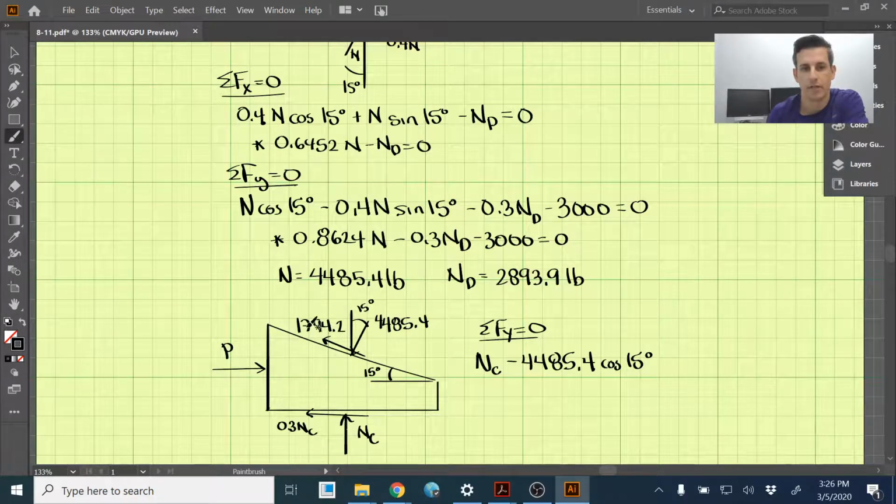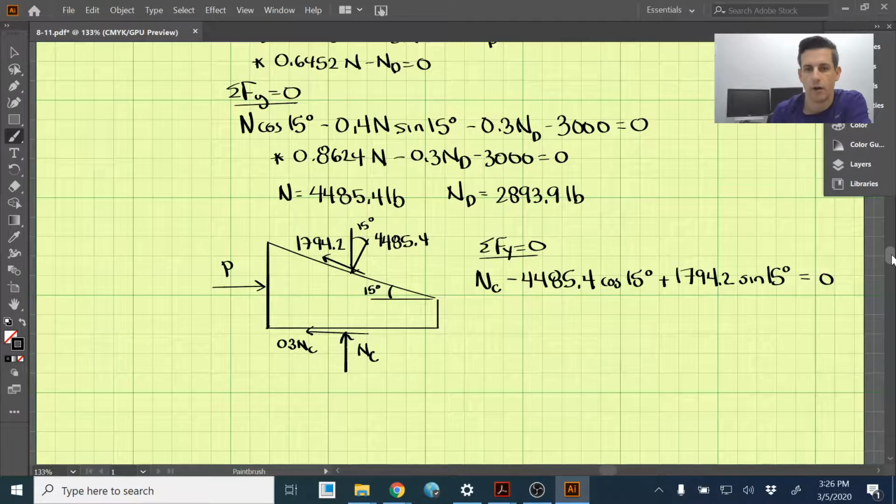And then our frictional force, and that will be in the positive direction. So we have 1794.2, and it's just a component of that, so that's sine of 15 degrees. And those are all our forces in the y direction.